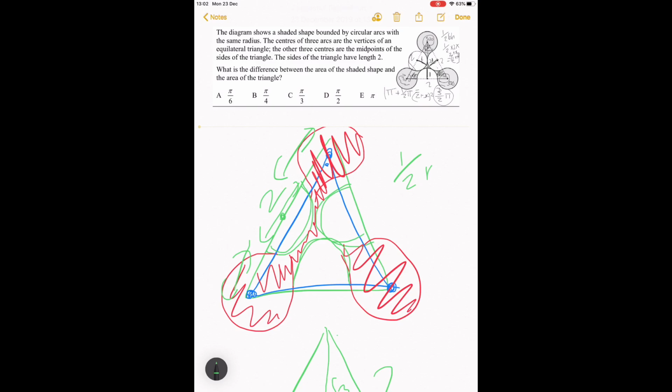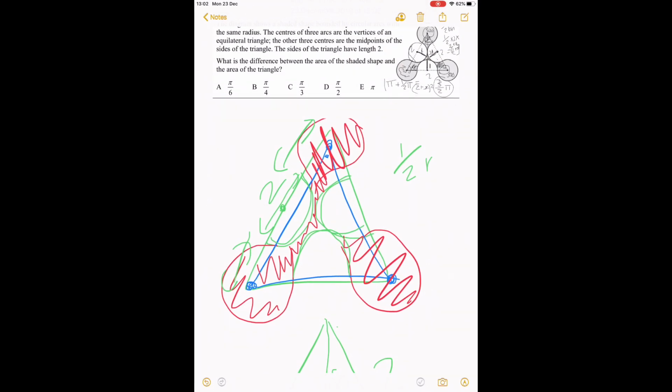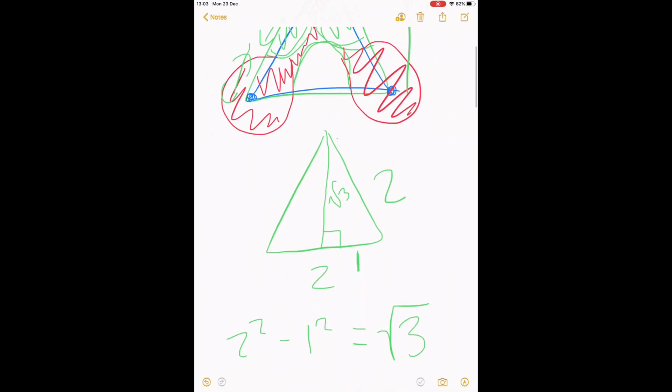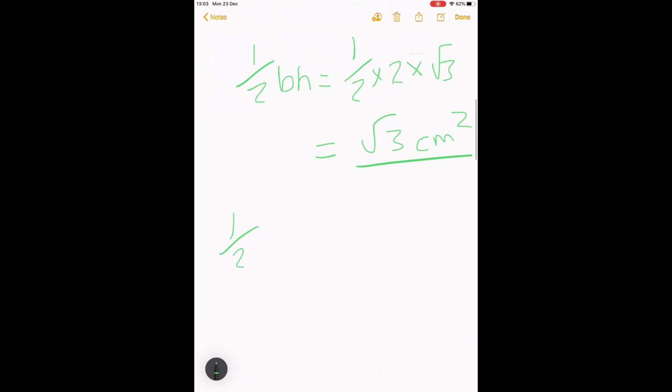So the radius is half, then we can use pi r squared to find out the area of both semicircles together, to make one circle, and then we just add half of that area to find our third semicircle. So we have half squared times pi to find the area of our 2 semicircles, so our whole circle.